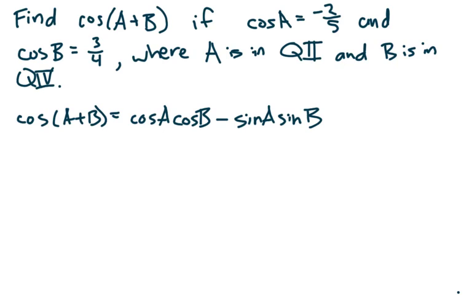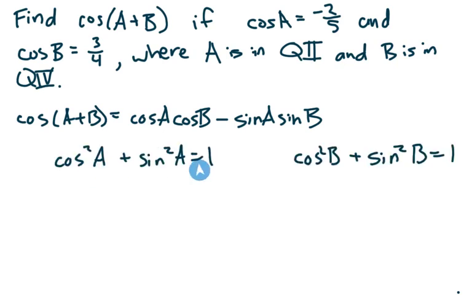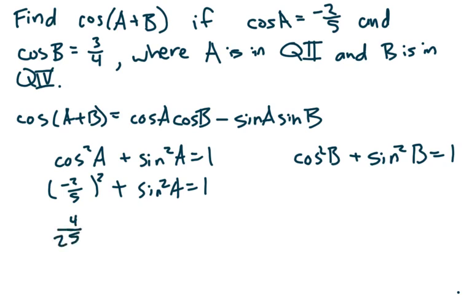Here we go! Last time we used the Pythagorean identity to take cosine and tell us about sine. If cosine a is -2/5, then cosine squared of a is going to be -2/5 squared. We still don't know sine squared, so this is unknown. Over here, we're going to square this fraction, top times top, -2 times -2, and bottom times bottom, 5 times 5.